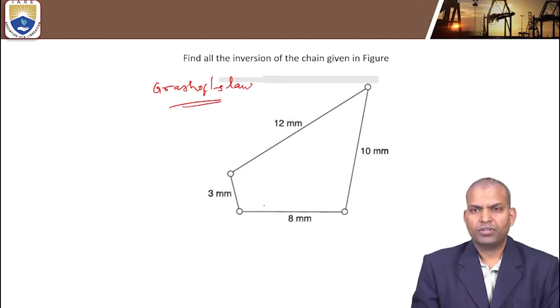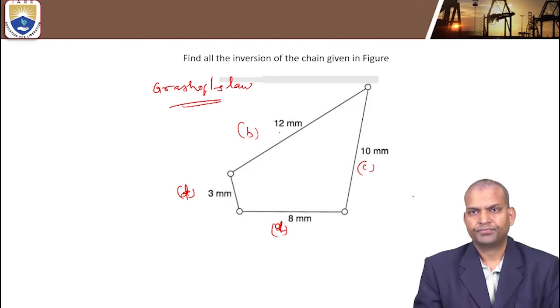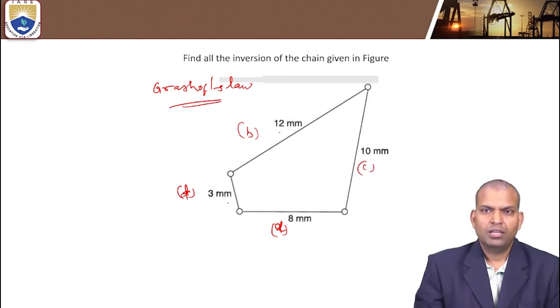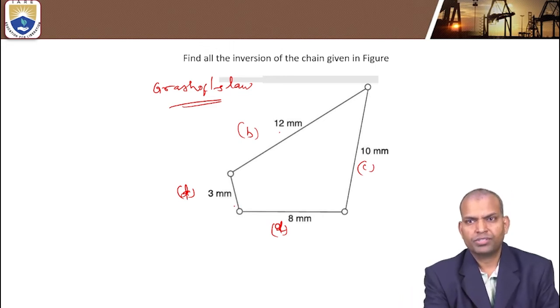So these are the lengths of the links. This is the shortest link. As we have studied theoretically, the longest link is denoted by letter B and it is denoted by letter A. Oh, the shortest link is not D. In this case, the shortest link is 3 mm, D, and the longest link is B, correct? Alright, let us apply it.